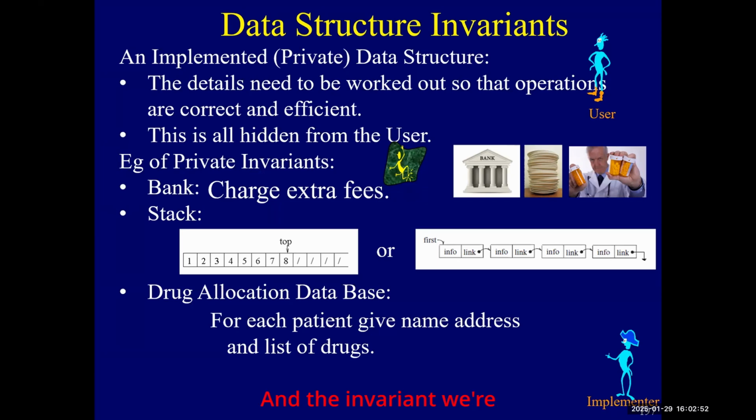And the invariant we're going to have for a linked list is that it looks like the linked list there, and first is pointing at the first one. And so that's going to be the top of the stack. First gives us access to the top of the stack, but you'll notice we have very little access to the bottom of the stack, which is fine because stacks don't access the bottom.